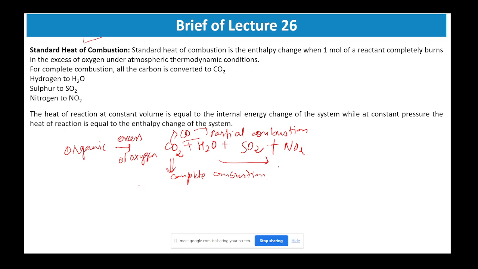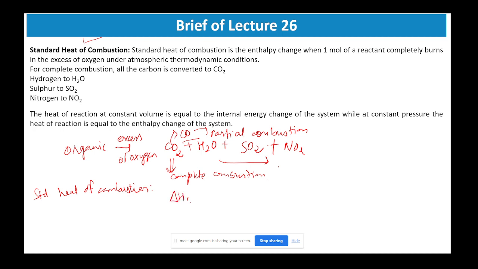And if I want to find out the heat of combustion at standard conditions, which is nothing but the standard heat of combustion, then similar to the way in which we found out the heat of reaction, we will find out the heat of combustion.